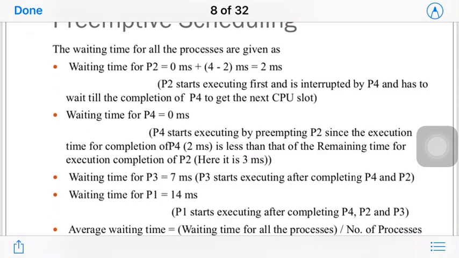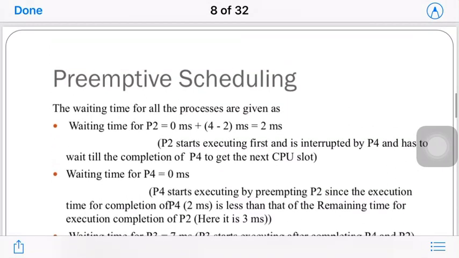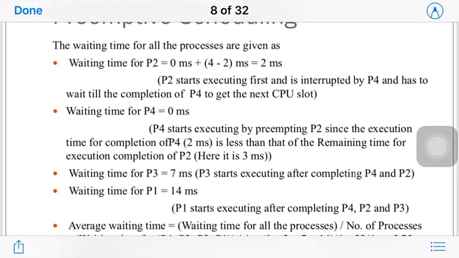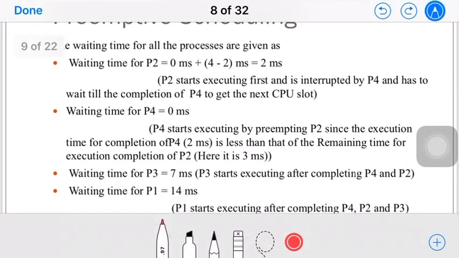Now for P4, how much waiting time? As soon as P4 entered, shortest job first decided that P4 required the shortest time, so it got the CPU time as soon as it entered the queue. So P4 doesn't have to wait, so 0 milliseconds.